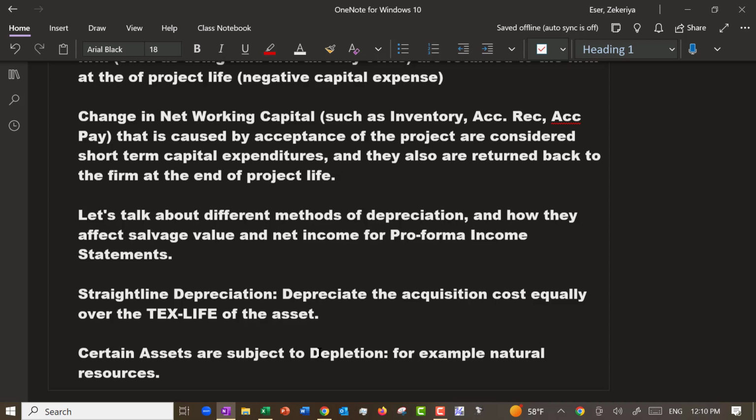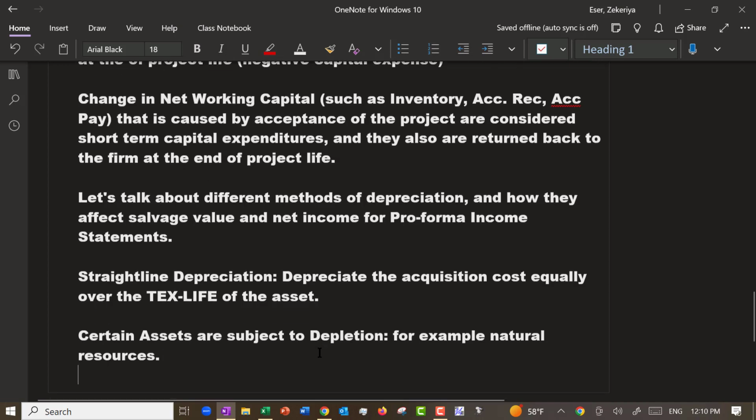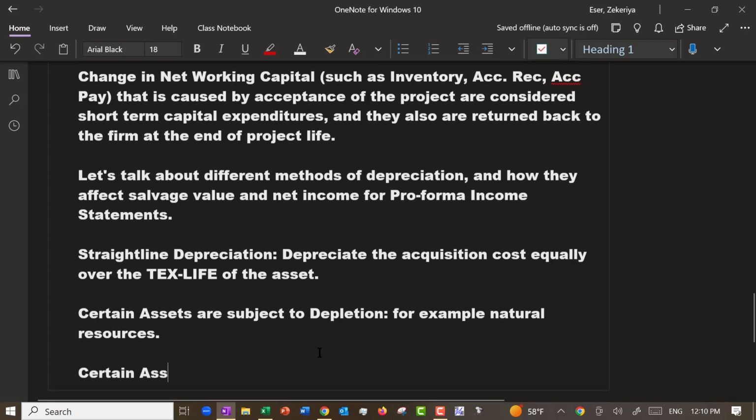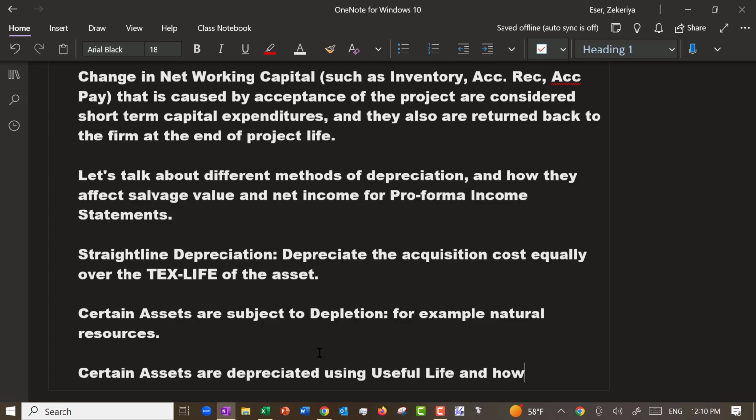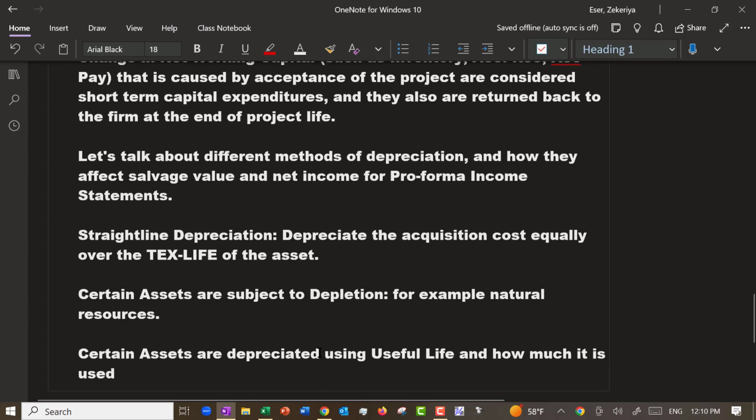Some assets are depreciated using useful life and how much it is used. Say example here, oil wells. And typically examples of these are transportation equipment.